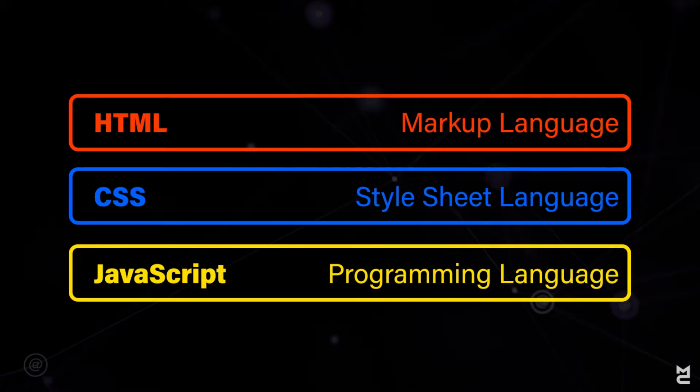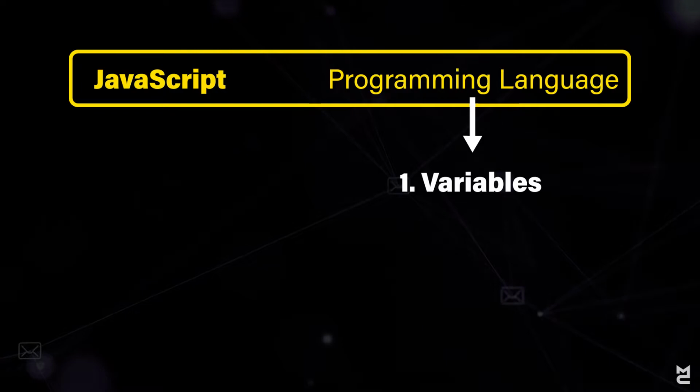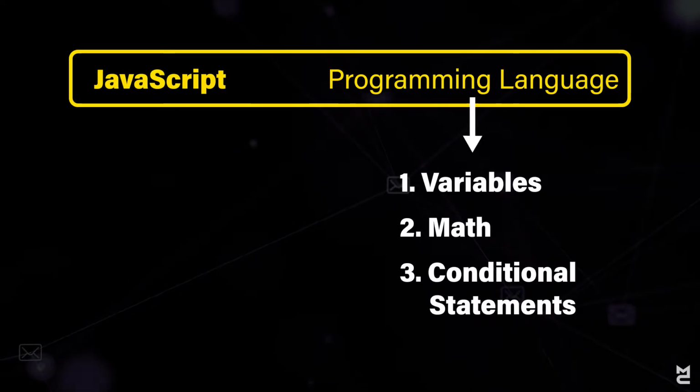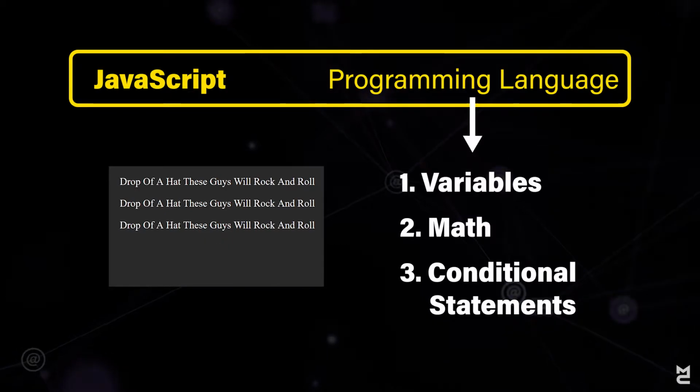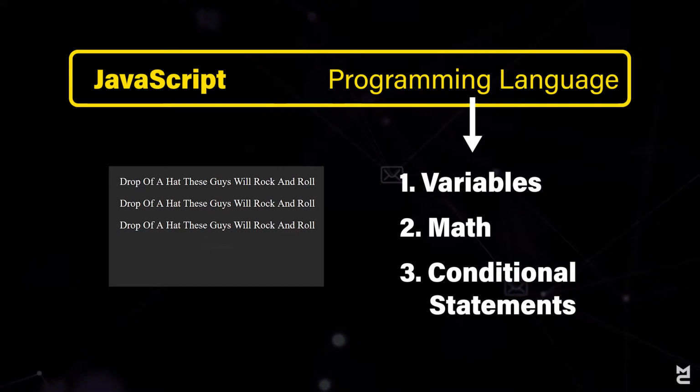So this brings with it some new concepts, and in this video, I'll talk about three of them: variables, math, and conditions. In the next little bit, we'll use all these to make a paragraph fade away either immediately or after a delay of 3 seconds.